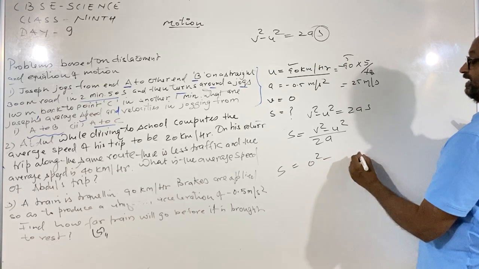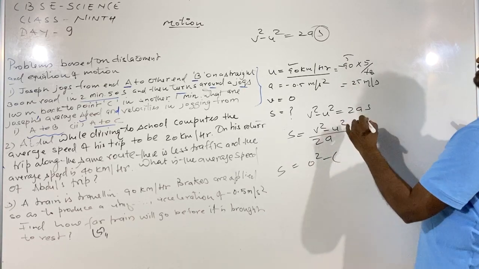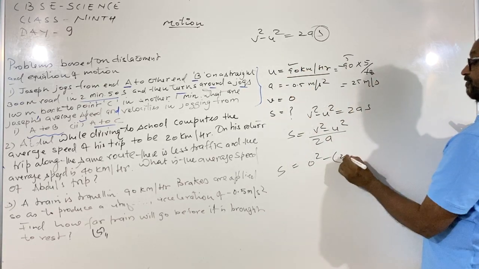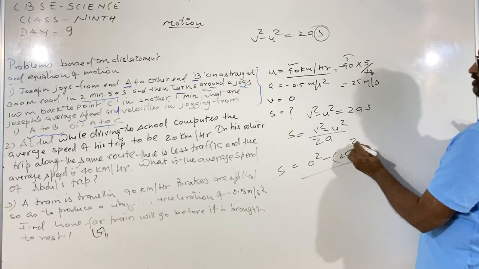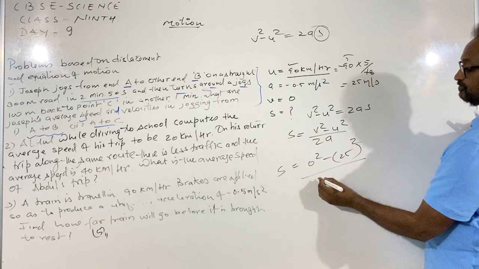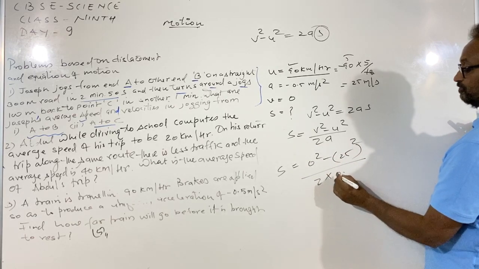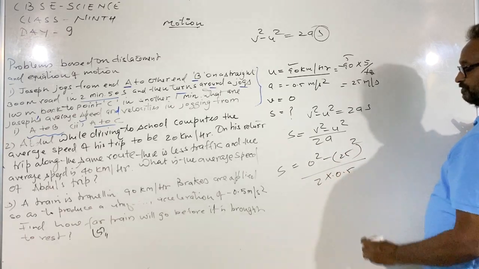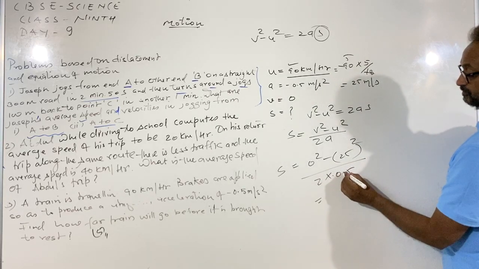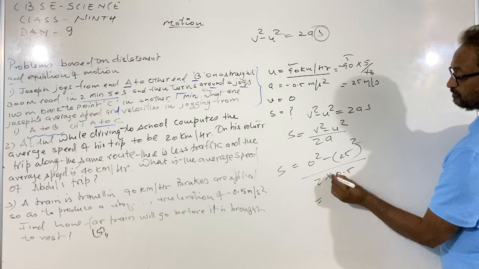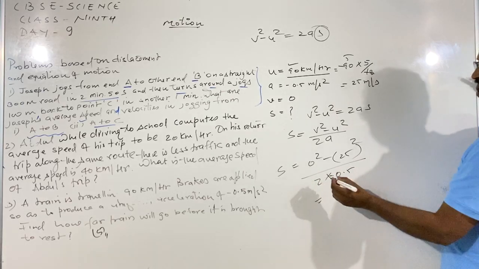So s is equal to, final velocity square of 0 minus initial velocity 25 squared, over acceleration 2 into minus 0.5. Now this is the negative value.